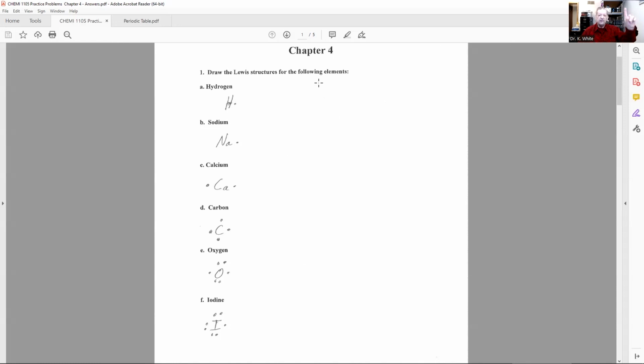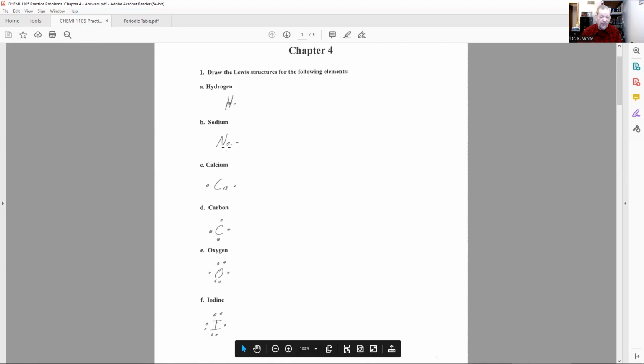Remember, drawing Lewis structures for elements and compounds is a little different. For elements, you should have one dot on each side before you double up. And the Lewis structure uses valence electrons.